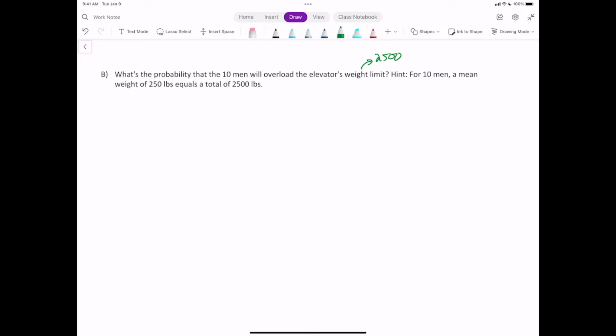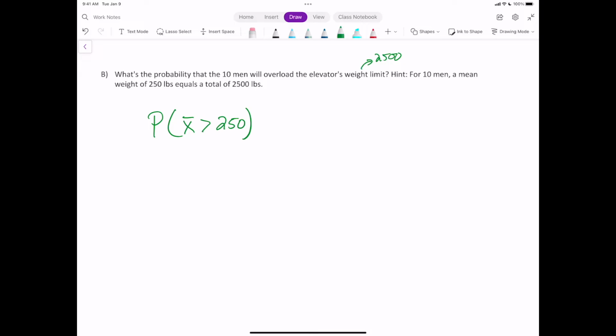So if I take 250 times the 10 men, that's how I get to 2,500 pounds. Okay? So really what this question is asking is what's the probability that our mean weight, X bar, has to exceed the weight limit, so it has to be greater than 250 pounds. Remember, once again, we have to take the 2,500 divided by the 10. That's how we get the 250.